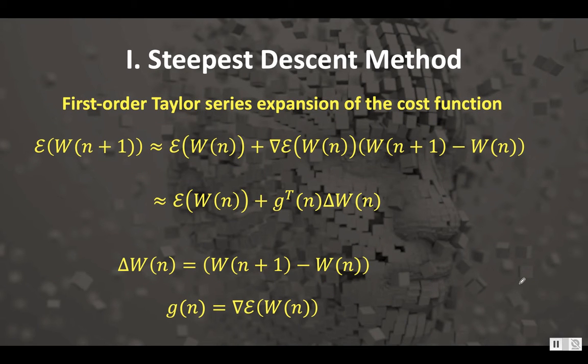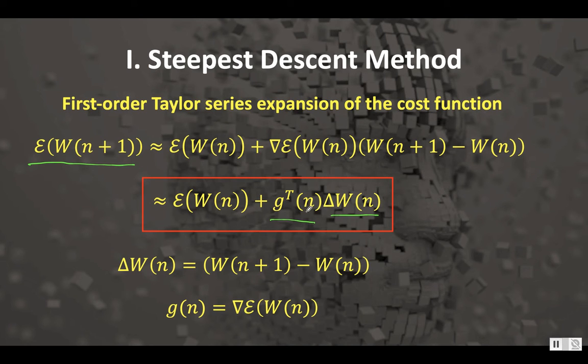Here we got the updated cost function, epsilon of w(n+1), equal to the cost function from the previous sample plus the transpose of g(n) multiplied with delta w(n).